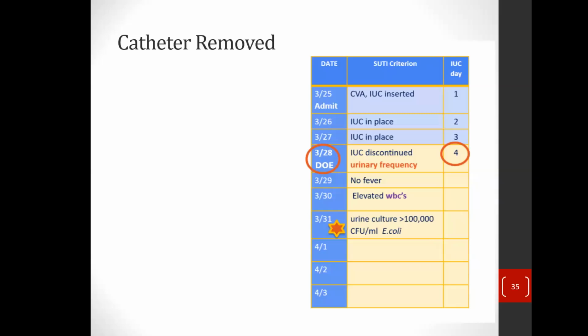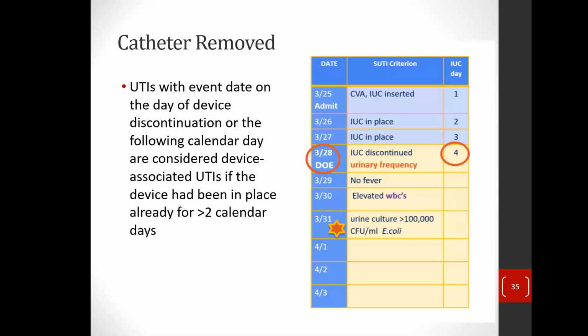But frequency can only be used if the catheter has been removed. Well, in this situation, the patient's complaint did come after the catheter had been removed. However, would it still be considered catheter associated? So let's look at that.